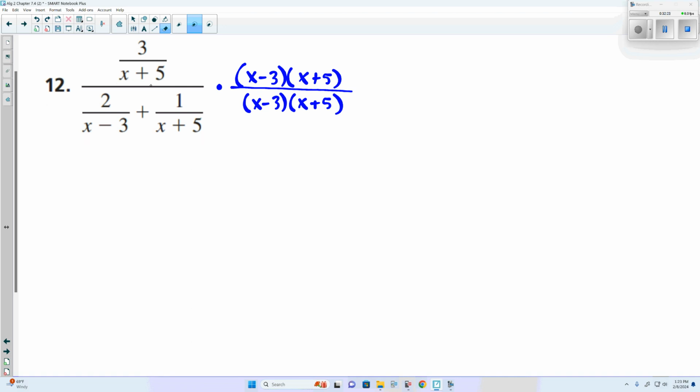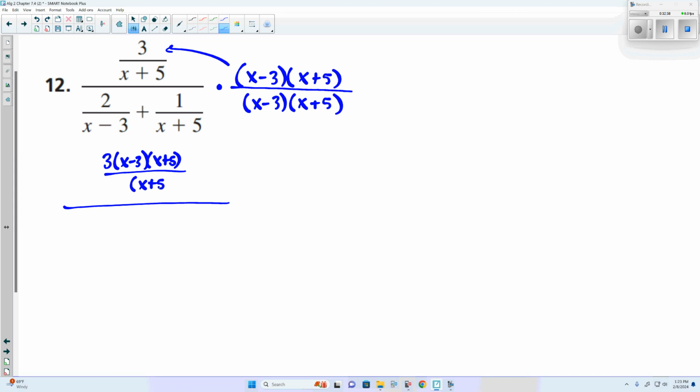Now we do this multiplication. In our numerator, it would be 3 times x minus 3 times x plus 5, over x plus 5.